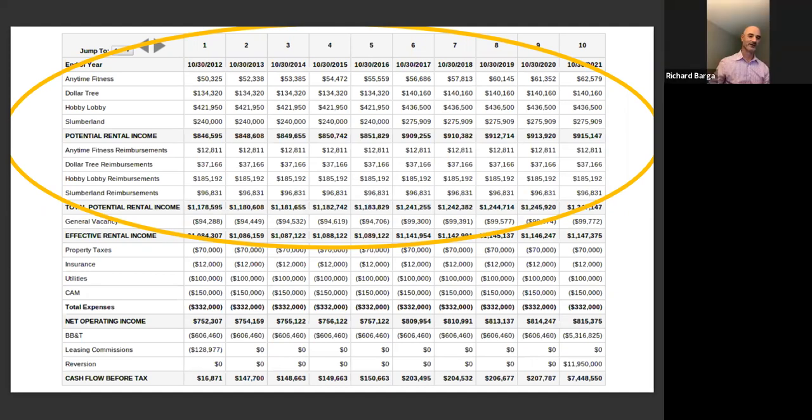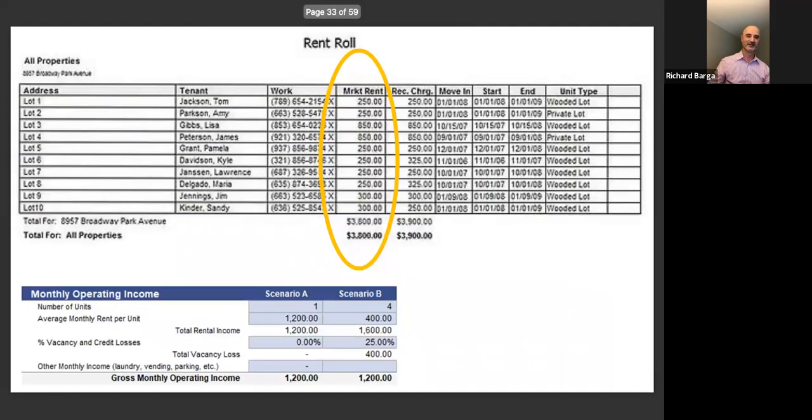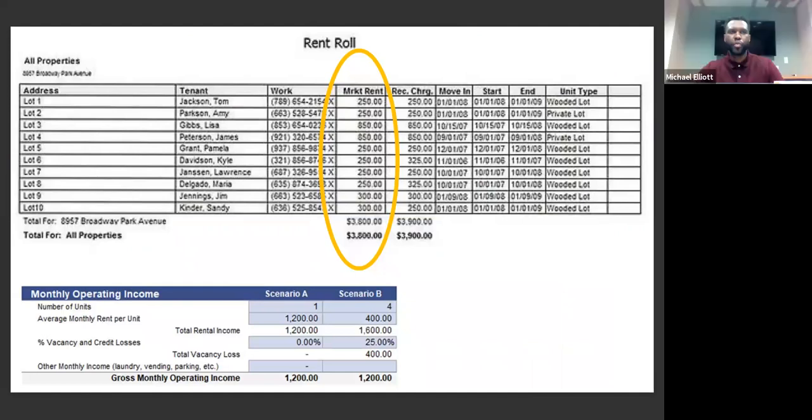Exactly. If we go on to the next slide. All right, so here's a perfect example. Again, this is part of the whole pro forma process. As a developer, you want to definitely make sure that you're sitting down with your team and really getting a good understanding, thinking with the end in mind here. We'll talk about this a little bit later, that return on investment that you're making.